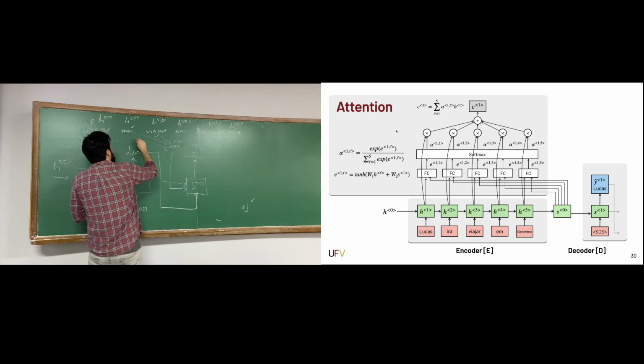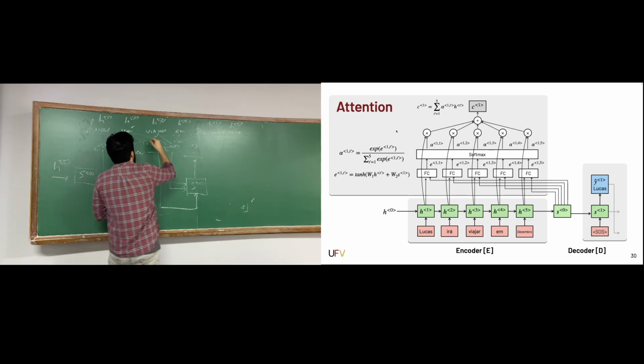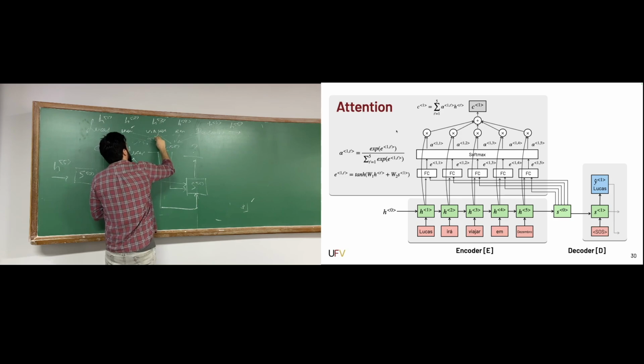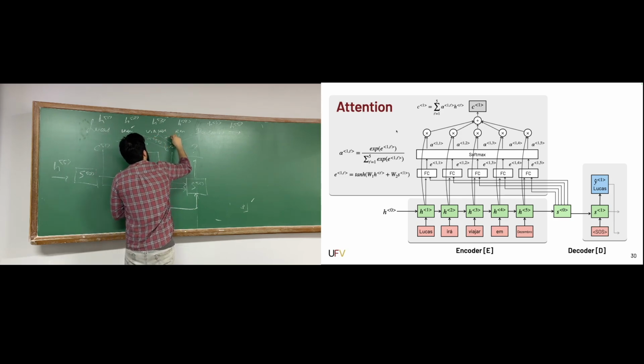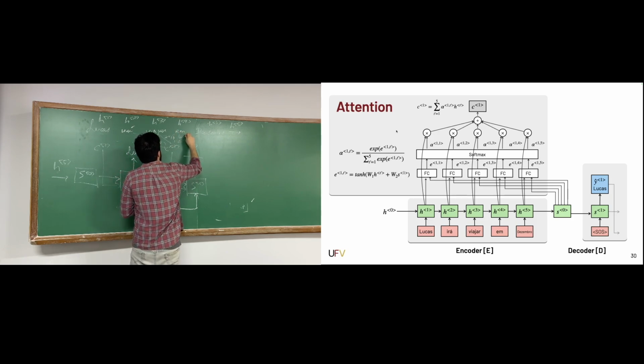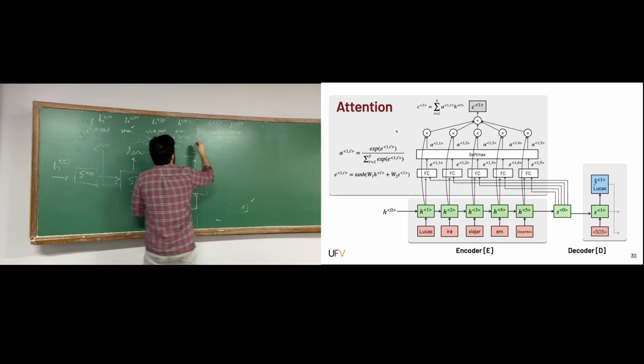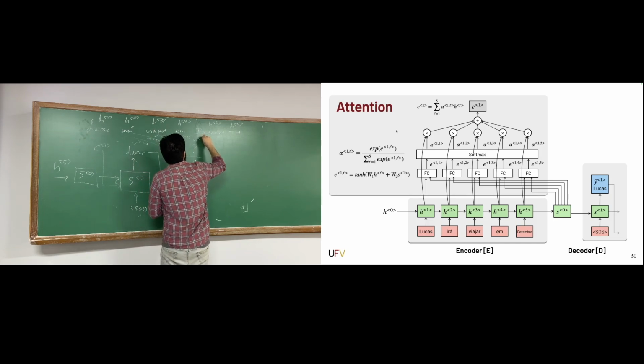And we have the alphas again. But now I have alpha 2-1, alpha 2-2, alpha 2-3, alpha 2-4, sorry, and alpha 2-5.